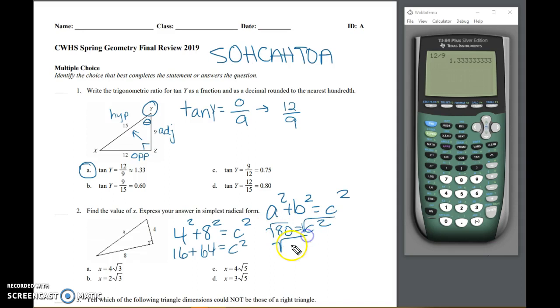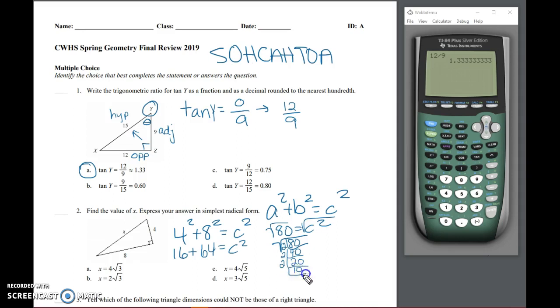And I don't see square root of 80 there, so that means they are simplifying it. I simplify by the ladder method. So I'm going to take 80, and I'm going to start dividing by my smallest prime number, 2. I divide by 2, and I get 40. I can divide by 2 again, and I get 20. I'm going to keep dividing by 2 until I can't anymore.